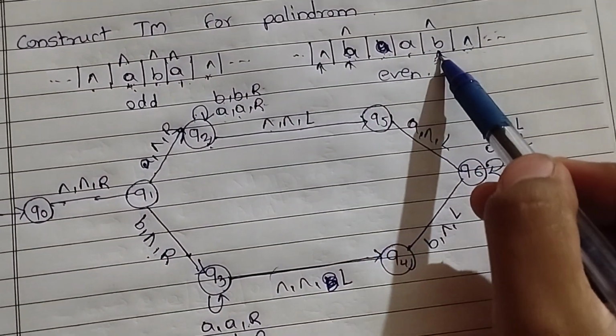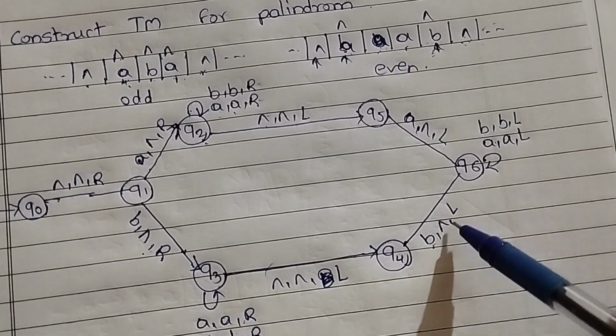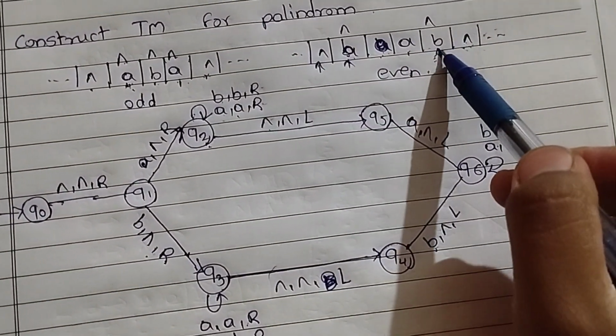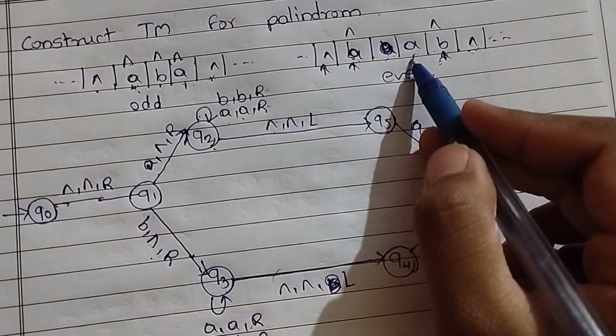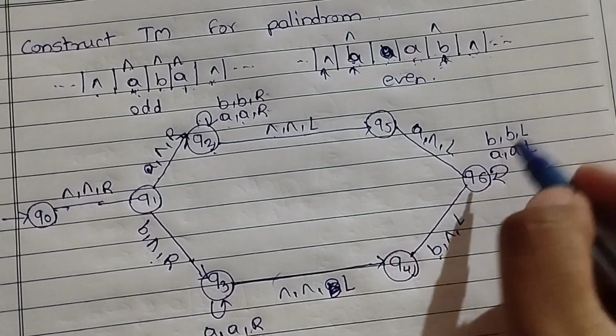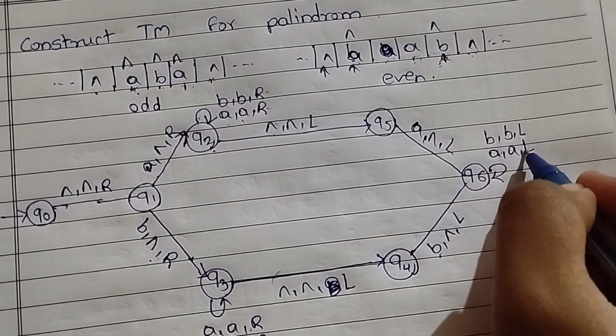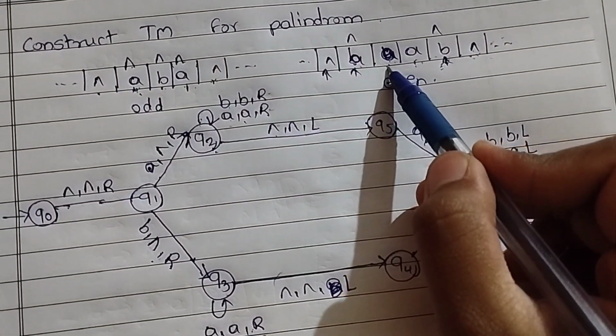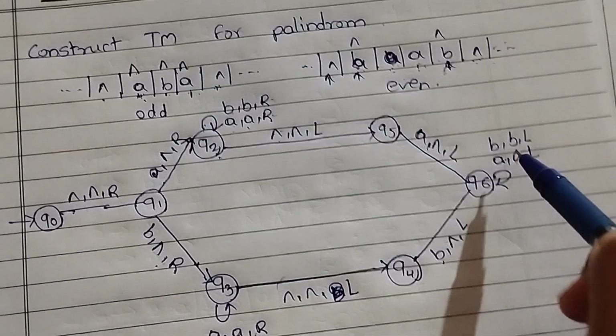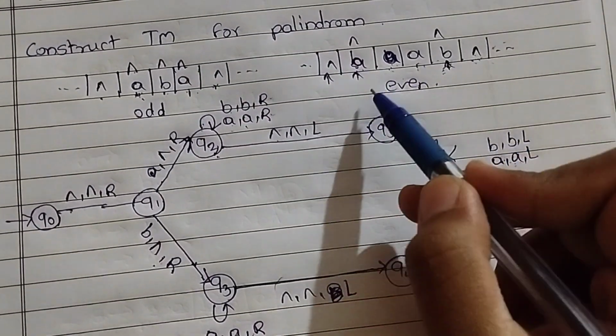So now we are here, we read b, transfer this b to null and move to the left side. Then we read a, so keep this a as it is and move to the left. Again we read a, so keep this a as it is and move to the left.